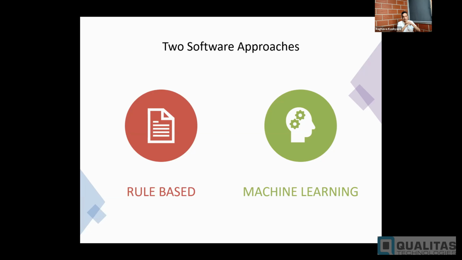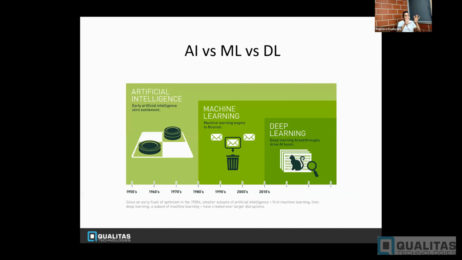Remember, we're talking about image processing: there's rule-based and there's machine learning. And with machine learning, AI and all that, there are a number of terminologies that have been clubbed together, which may be confusing. Let me cover that. So what is rule-based? What is machine learning? Before I go into machine learning, let's acknowledge that there are different terminologies: AI, artificial intelligence, then machine learning, and deep learning, right?